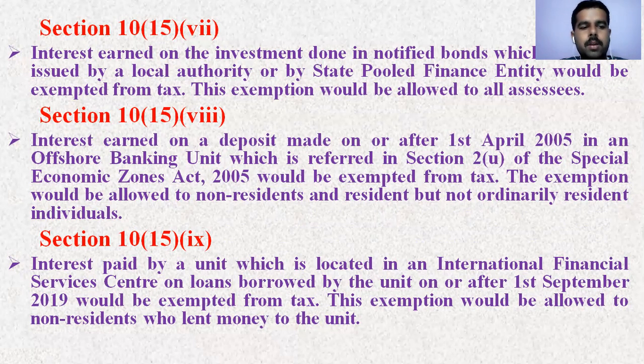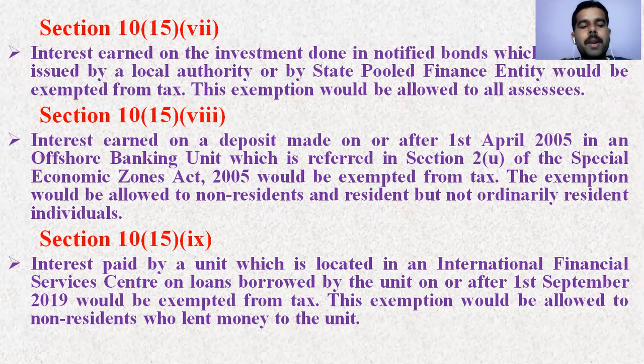The next one here, interest paid by a unit which is located in an international financial services center on loans borrowed by the unit on or after 1st September 2019 would be exempted from tax. This exemption would be allowed to non-residents who lend money to the unit.